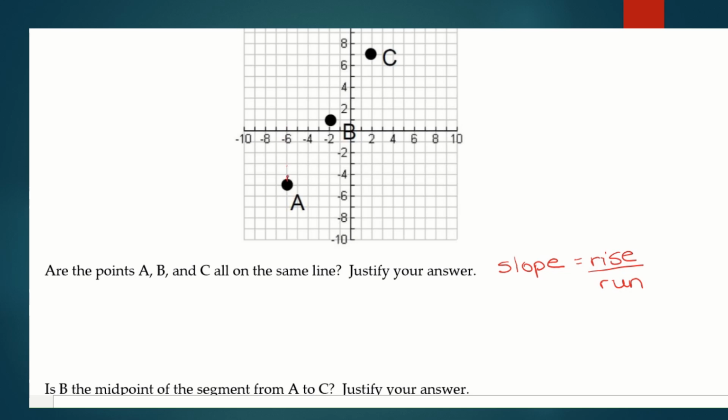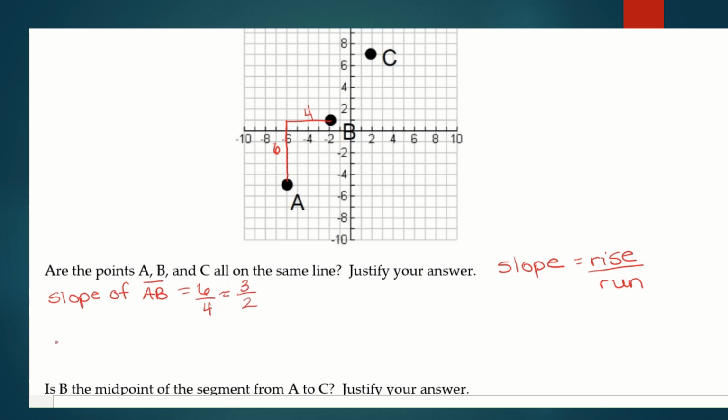So I rise 6 and I run 1, 2, 3, 4. So if I'm looking at the slope of segment AB, I would have 6 over 4, which reduced, I can divide both of those by 2, would give me 3/2.